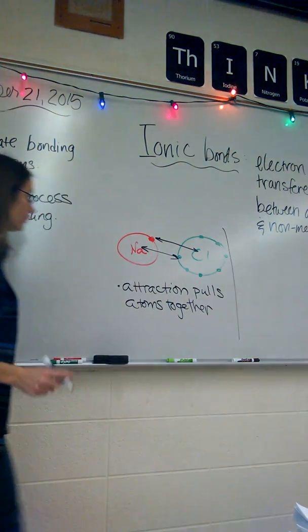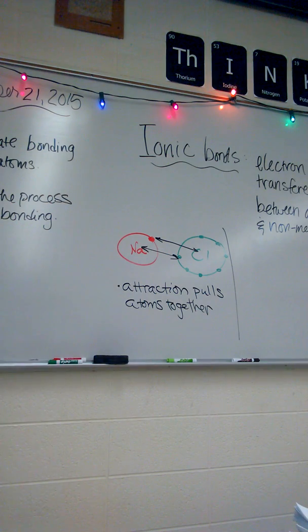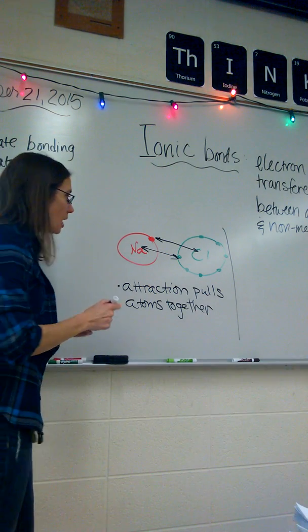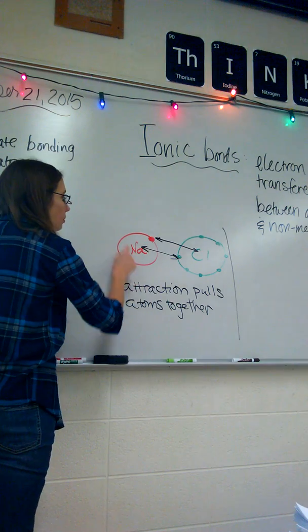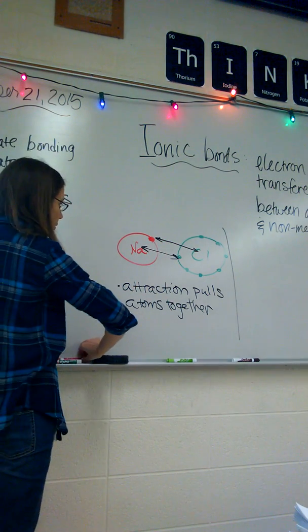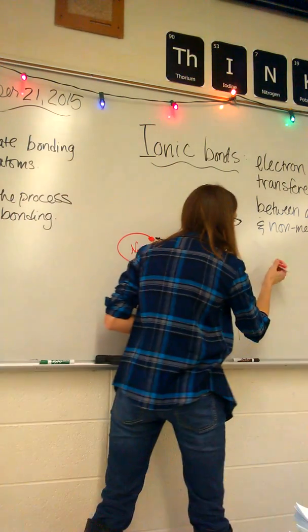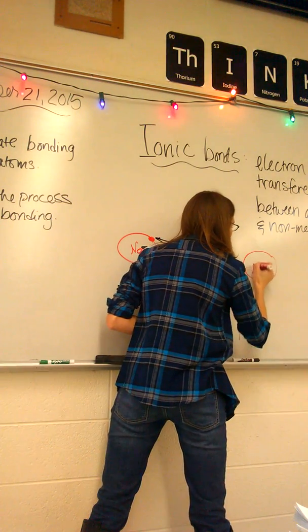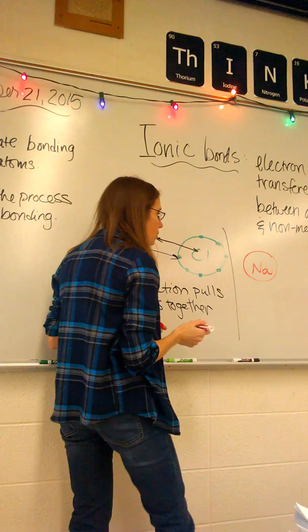Next frame. In the next frame, we're going to show how the electron from the sodium is being given to the chlorine, or is transferring to the chlorine. So we've got the sodium atom.